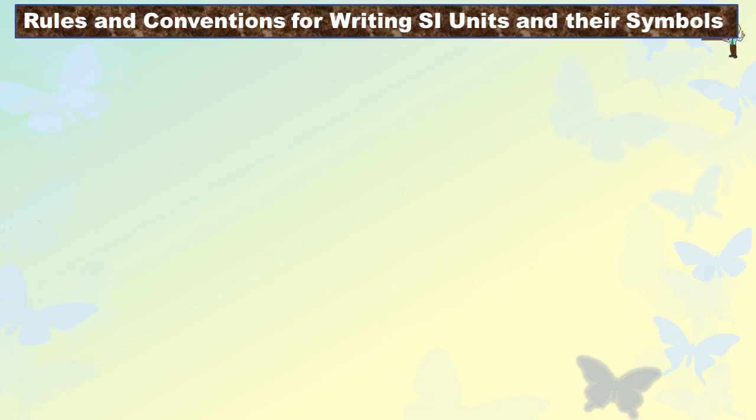See, the organization of SI units, which was formed in the year 1960, wanted the SI units to be considered as the main measurement unit throughout the world. That's why they proclaimed some rules and conventions for these units and symbols. Now let's see what the first rule is.